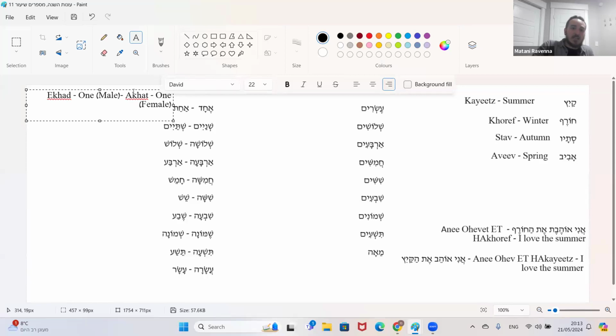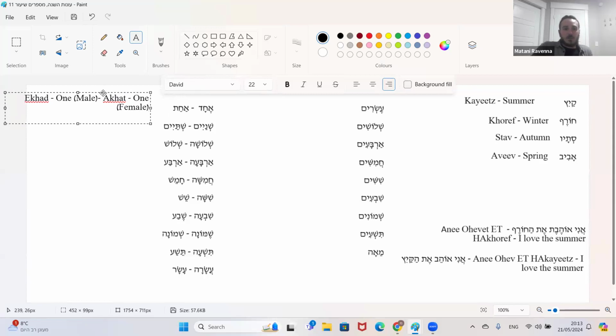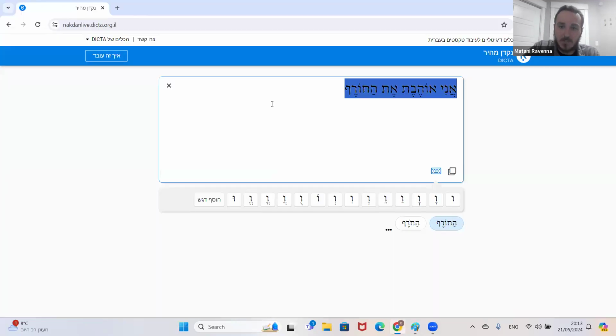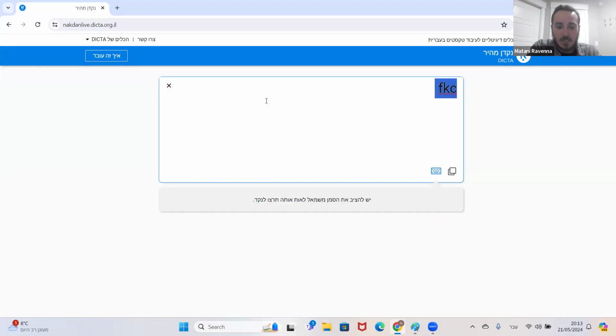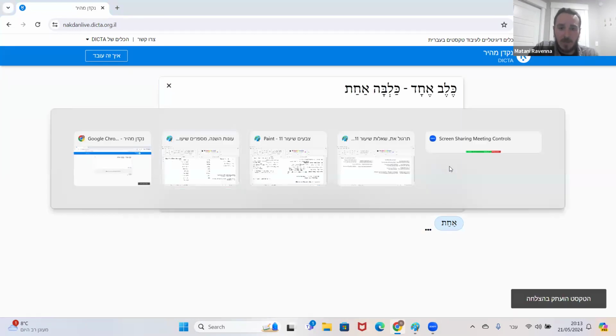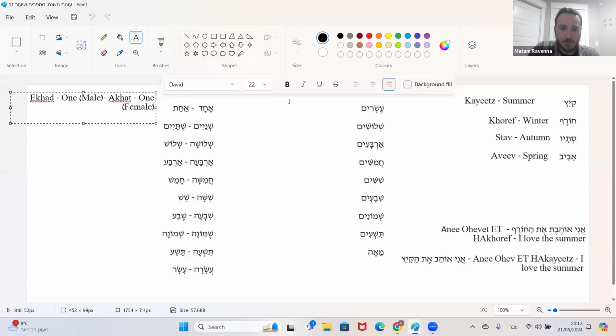You say ani achat. Or let's say one dog. Kelev echad. Or kalba achat. Let's write it down because it's a good example. Kelev echad. Kalba achat. Okay? The difference between a male dog or a female dog. I'm going to put it here.